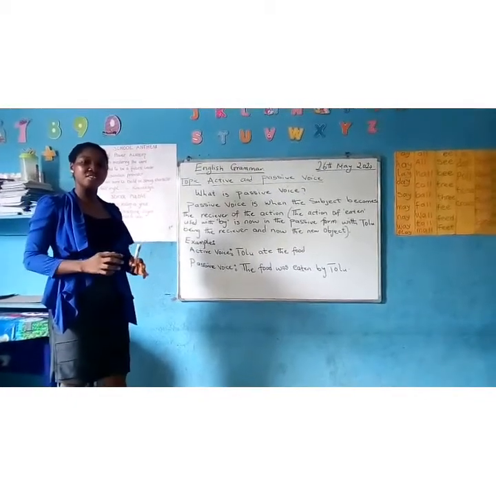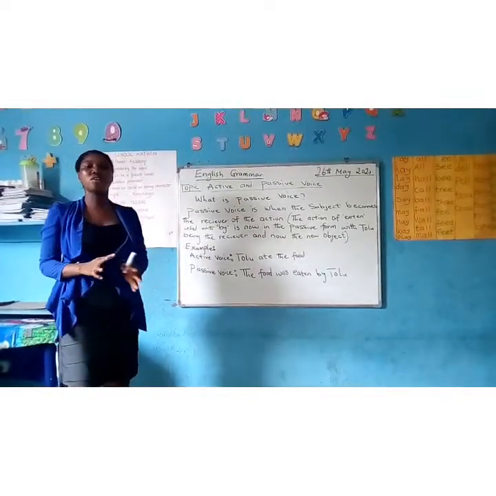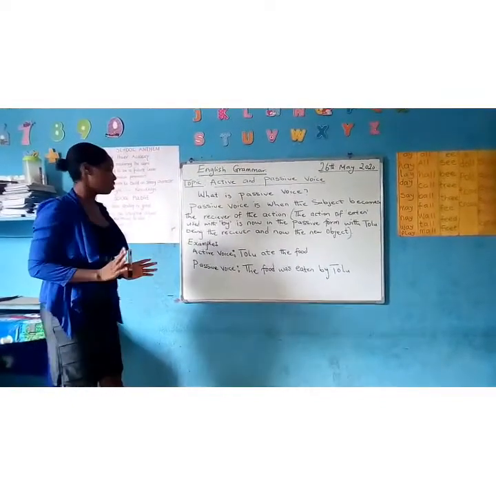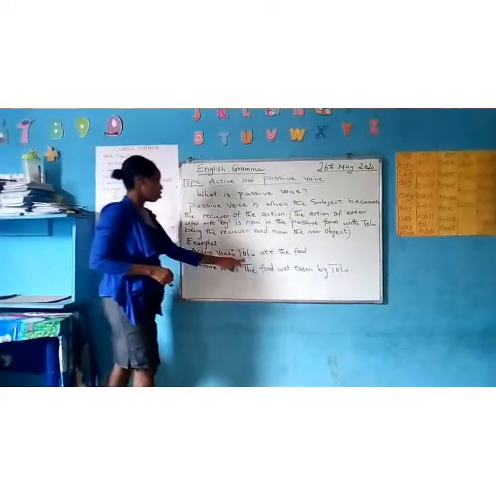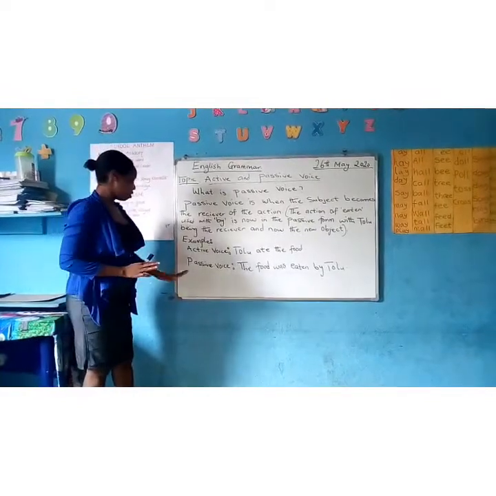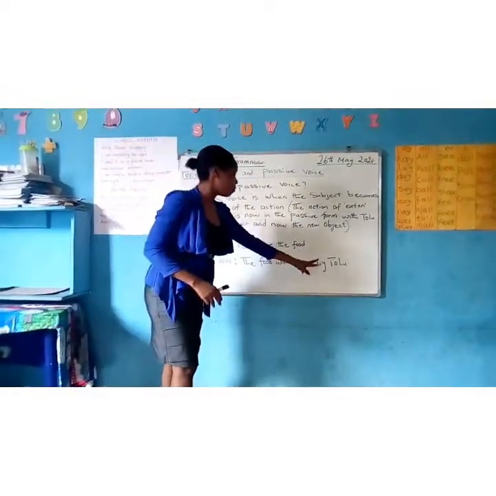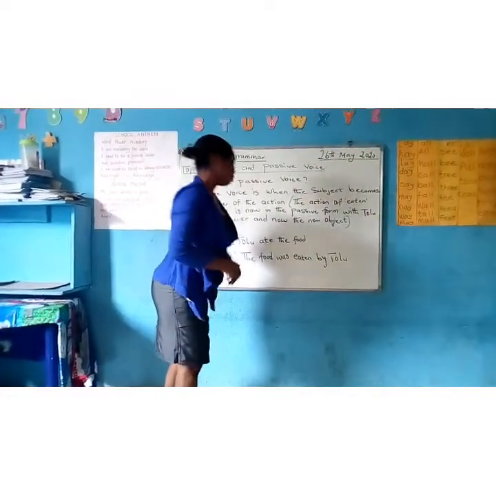Tolu is not the doer of the action. He is the receiver of the action. Let me take the sentence again. Tolu ate the food. That is active voice. Passive voice. The food was eaten by Tolu. Okay?